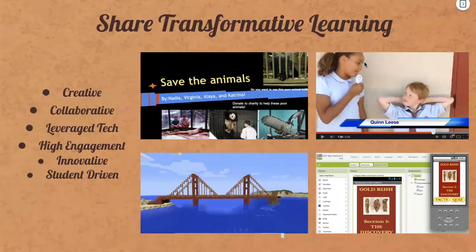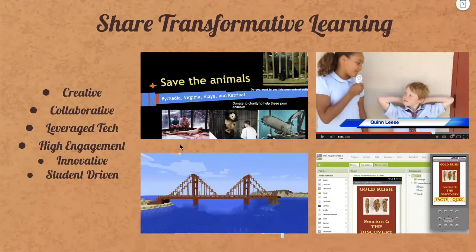There was a very high engagement level that, prior to me using the matrix style, just wasn't as engaging. The work was very innovative and also very student driven. Those were all key components that I was really excited about and wanted to share. And here's just a few of those examples.